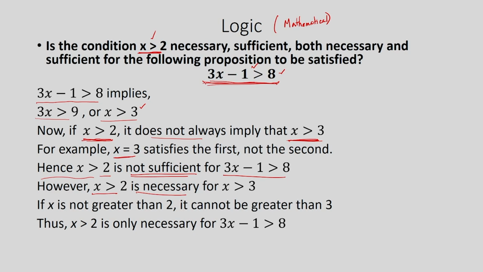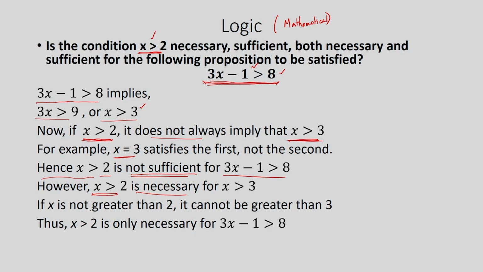And the reason is the following, that remember the definition of a necessary condition, that if this condition is not satisfied, right, if this condition is not satisfied, then the proposition is also not correct. Okay. Now, that is the idea that we are going to apply here.